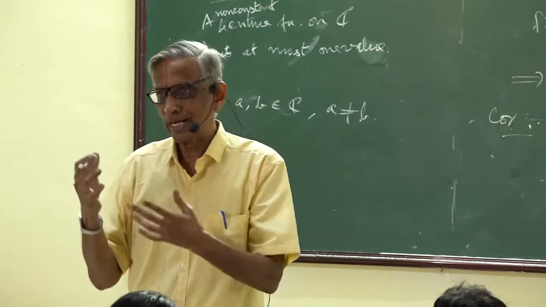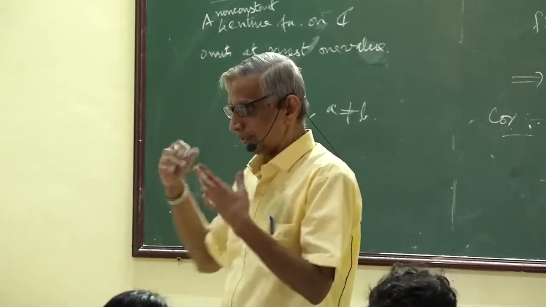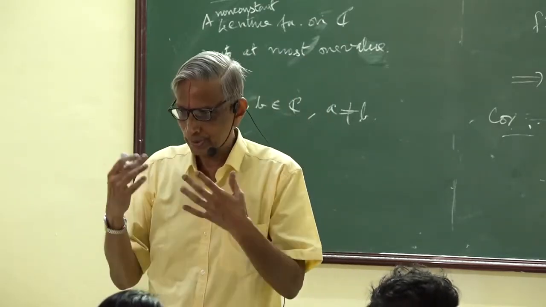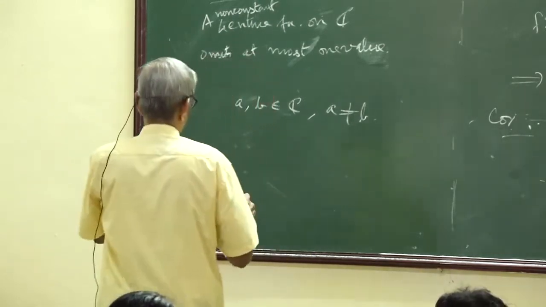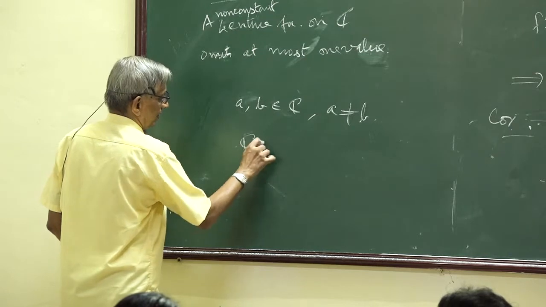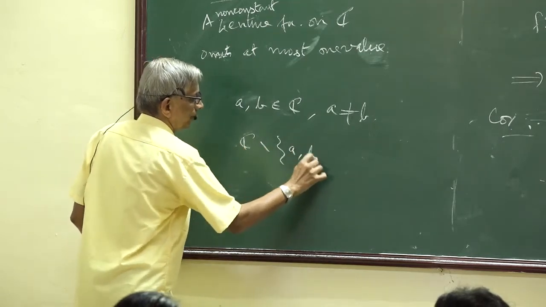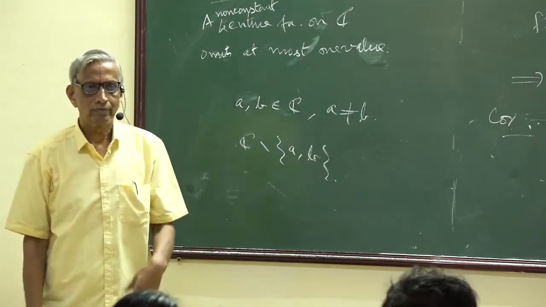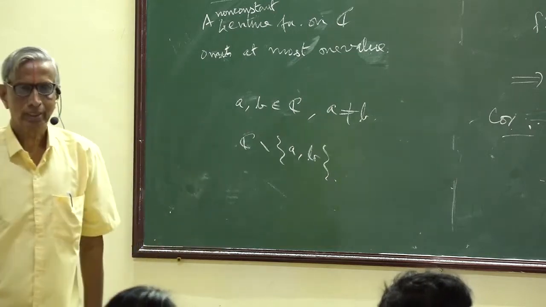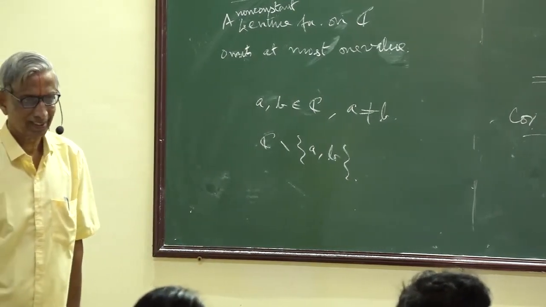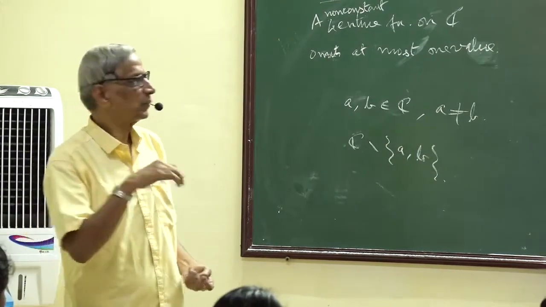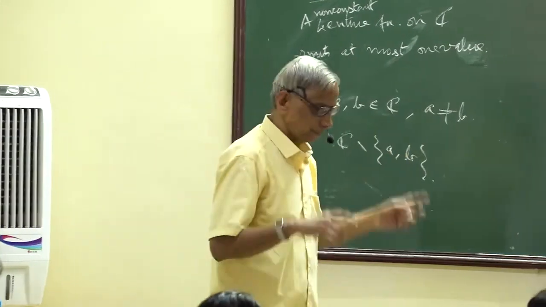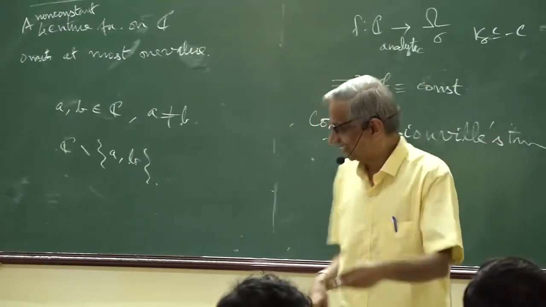So in view of that, to prove this, all you have to do is to produce a metric on C minus {a, b} which gives negative curvature. Okay? You can explicitly write down such a metric. I'll write it down, but I don't know whether I remember it or not.